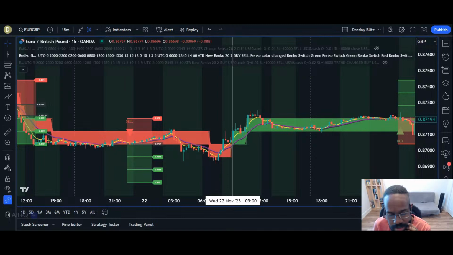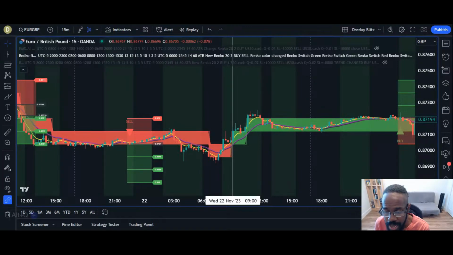Yeah, exactly. So it's really set up with the alerts and ready to use. You just have to put the same settings that you had, if it's on the 15-minute or the 1 hour, and like I said, you just have to remove the background if you want to, the blue background and the Renko bars.